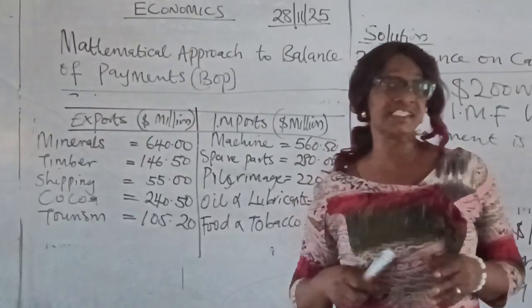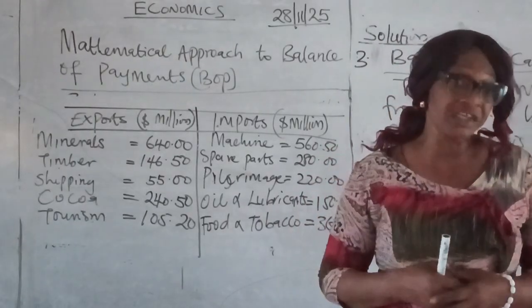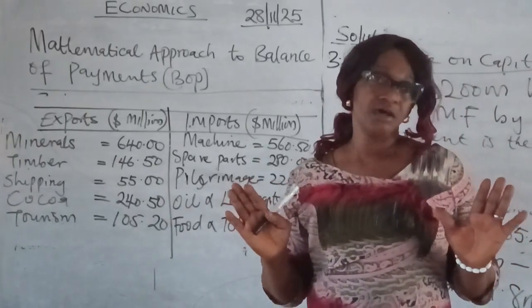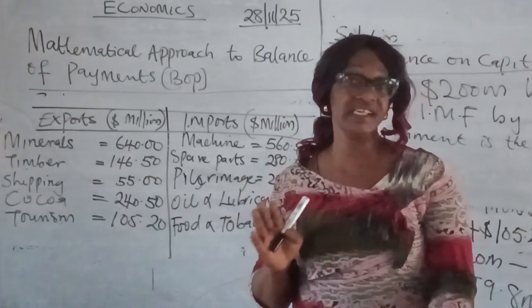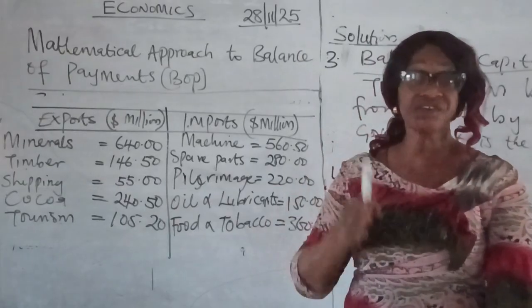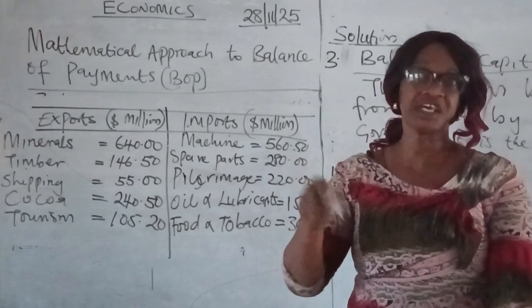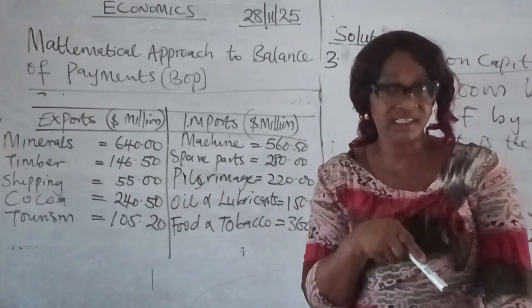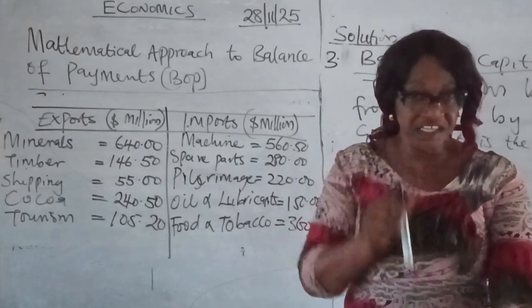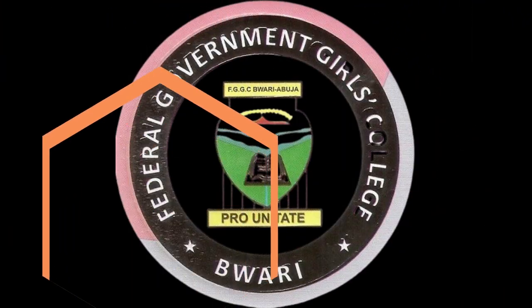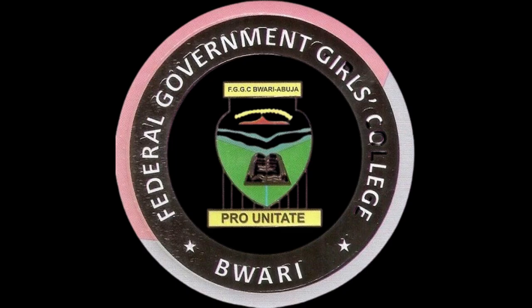But the problem is that the import is more than the export. That's the fact. So number 4 answer says that the major export of our country keep on increasing, but the import is still more than the export.